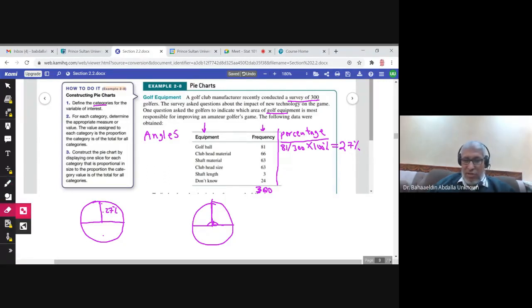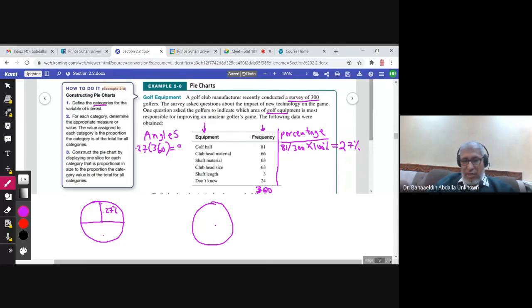So let us do it for at least two of them. For example, the golf balls. How would you find the angle corresponding to the first category? You multiply 27%, or 0.27, times 360, all the angles. 0.27 times 360 would be 97.2.